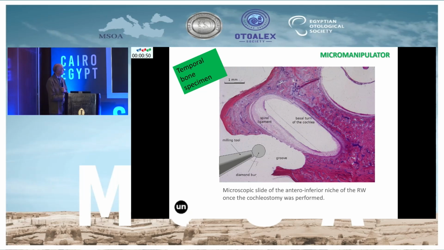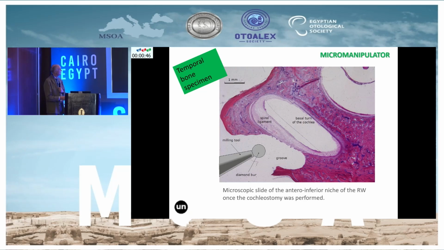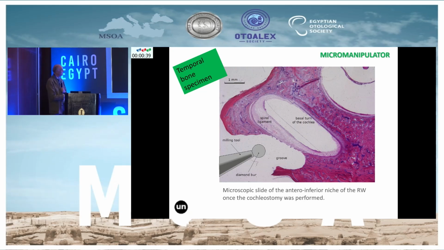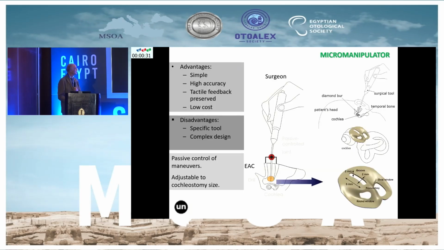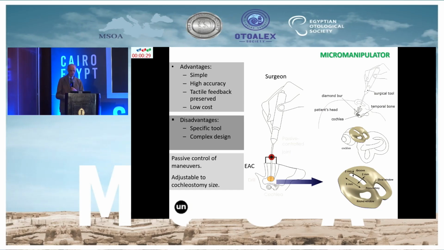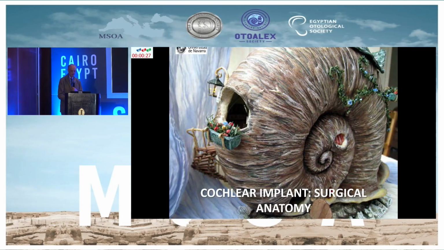It is possible from a robotic point of view to do that in a very nice way. Like you see here, this is the cochleostomy, and you see a very nice preservation of the spiral ligament and the different components of the cochlea. So it's possible to do that, but we need some micro tools, or some special tools to help us.